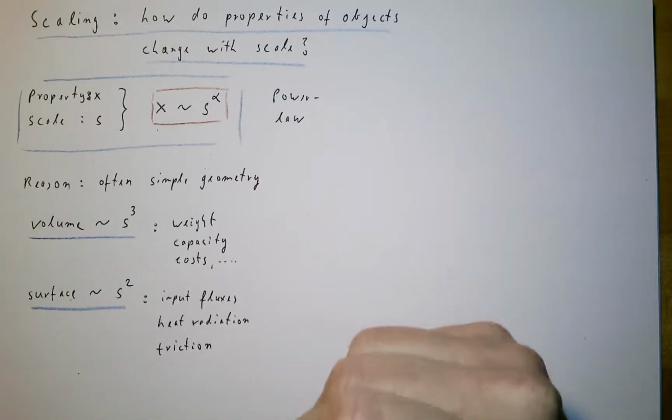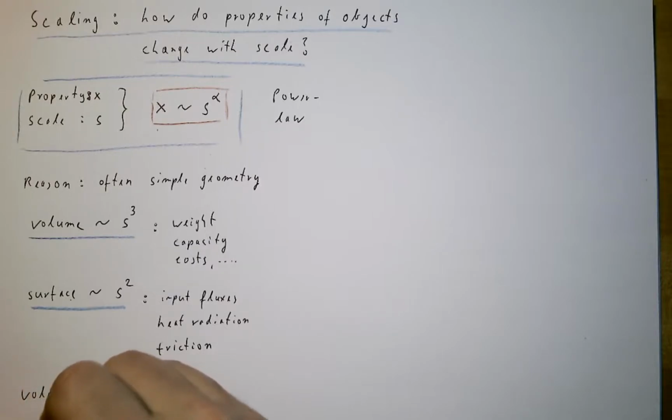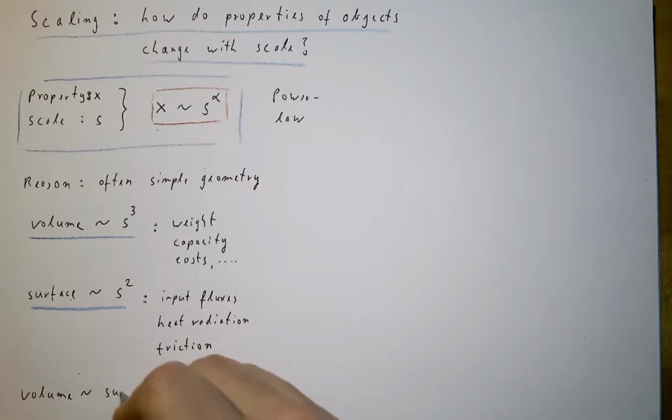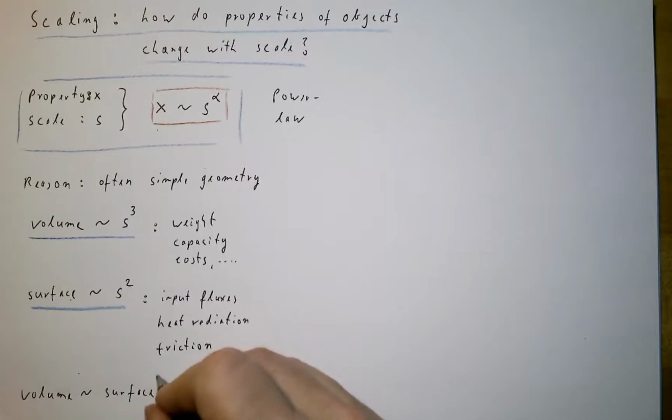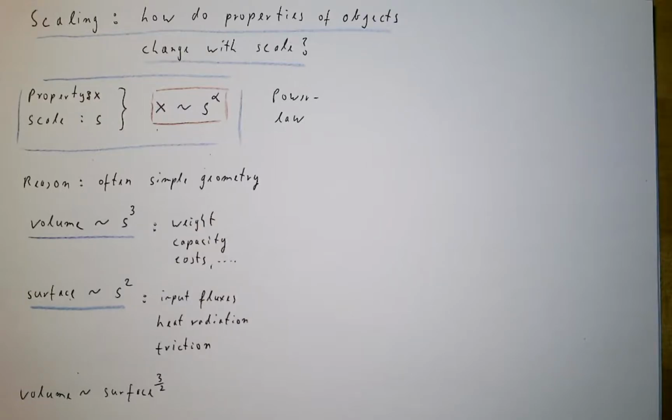And now you can relate these things. For example, you can see the volume goes proportional to the surface to the power 3/2 if you just plug one into the other.